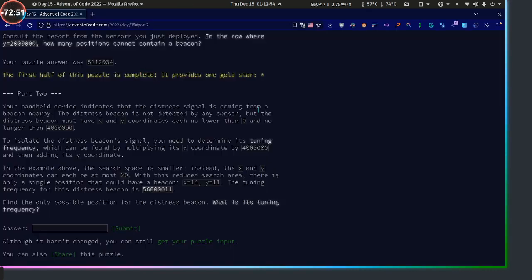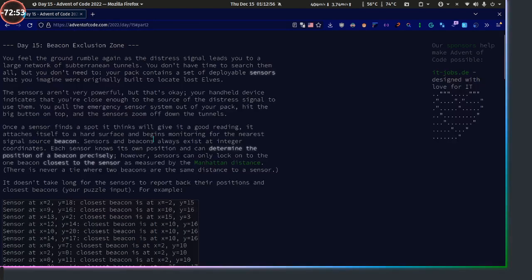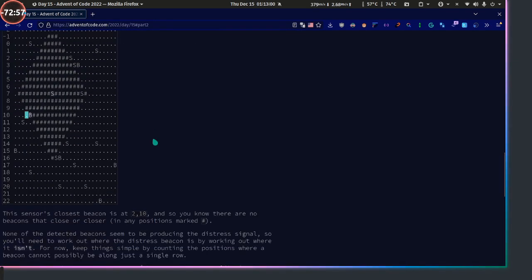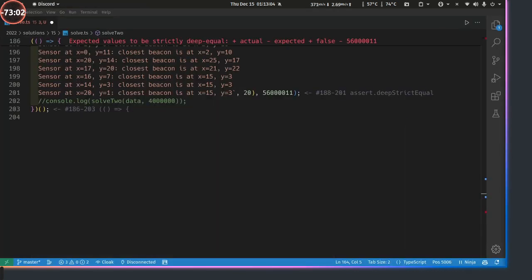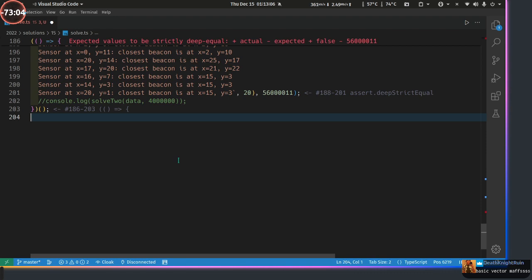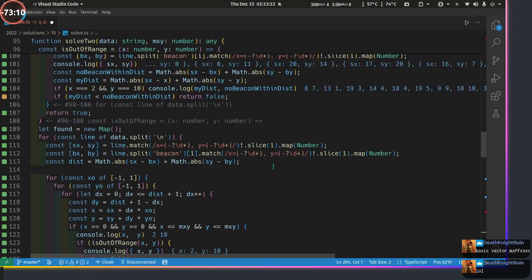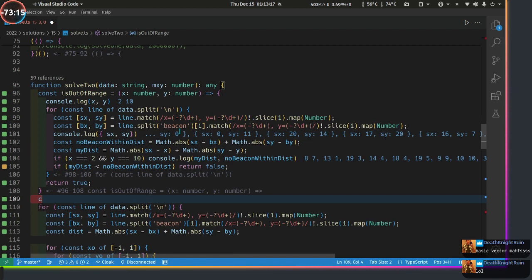This is a tough one. I don't want to ditch the Python. Okay, I guess the only way to really know if this is working is to actually visualize it. Yeah, basic vector math. You're not wrong. So, okay, I need to make a world. Const world equals new Map.